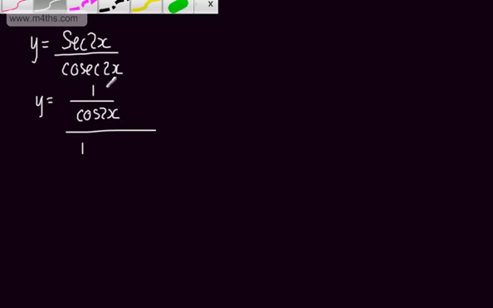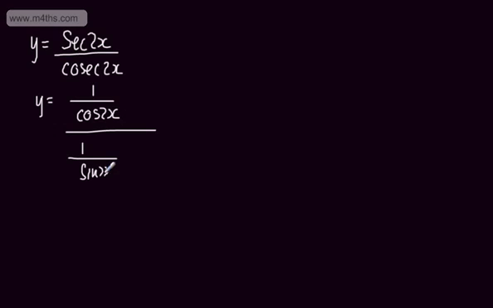So all I'm doing is using the reciprocal trig identities. So we could actually say that y is equal to tan of 2x. All we're doing is simply inverting the fraction and multiplying. So 1 over cos 2x divided by 1 over sine 2x is going to give us tan of 2x.